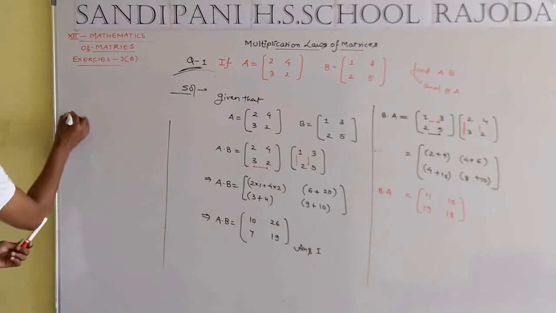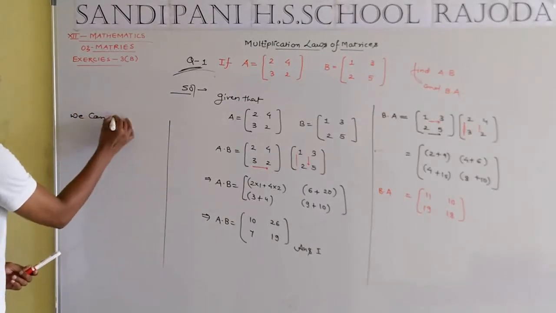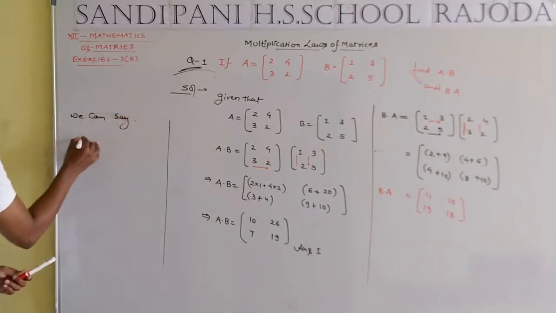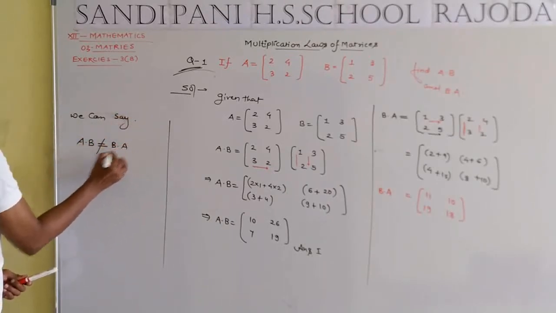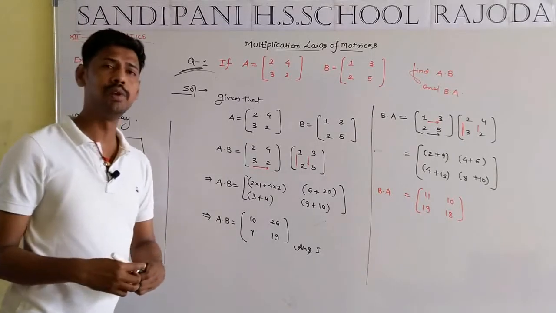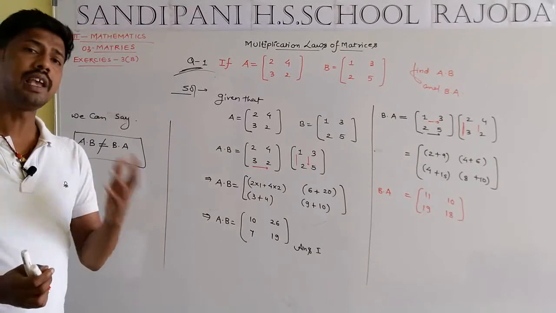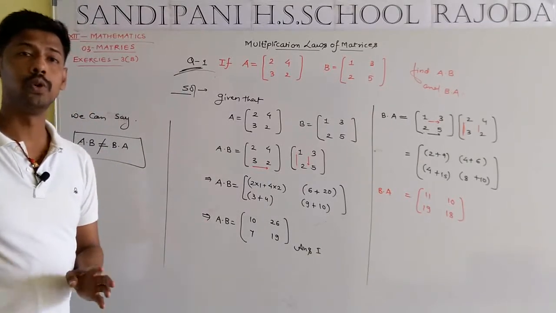As a conclusion, we can say A dot B is not equal to B dot A in some cases. Sometimes A dot B will equal B dot A, that is a coincidence, but always A dot B may not be equal to B dot A.